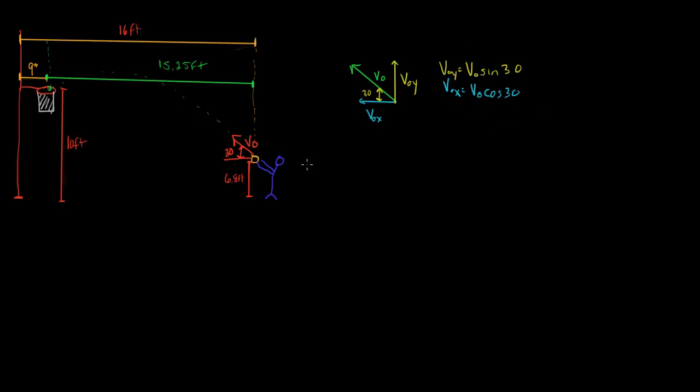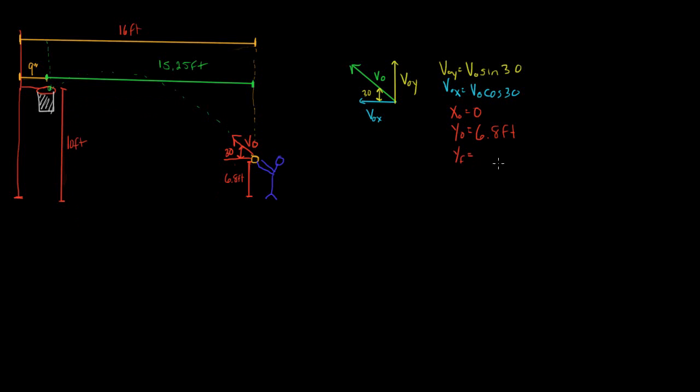What else do we know? We know that our initial x position is 0. Our initial y position is 6.8 feet above the ground. And we know our final y position, right? Our final y position is going to be 10 feet. That's when the basketball hits the rim.